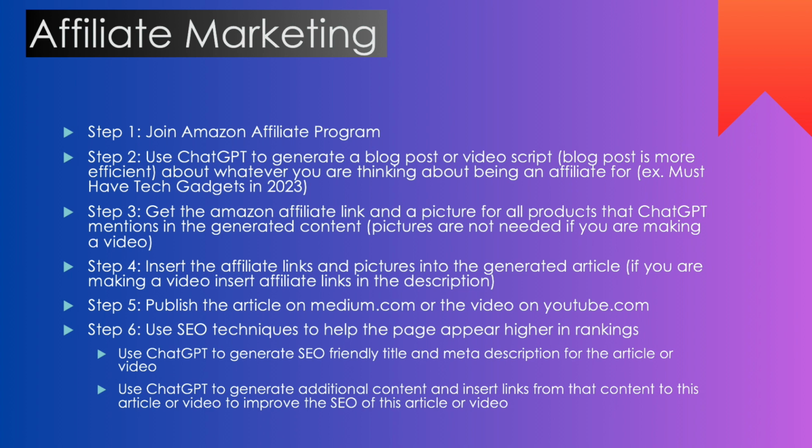Now, a lot of people have talked about using ChatGPT for affiliate marketing, but they aren't talking about step 6, which is the absolutely most crucial step, because affiliate marketing is going to become a lot more competitive due to the invention of ChatGPT. But not a lot of people have mastered step 6.